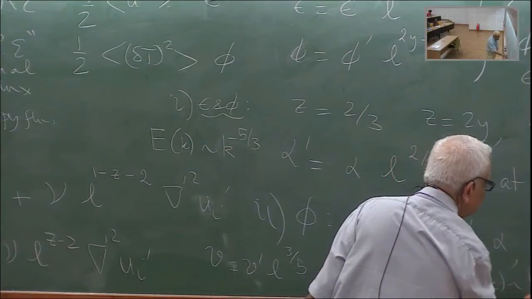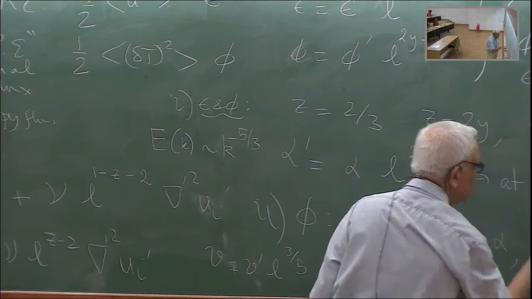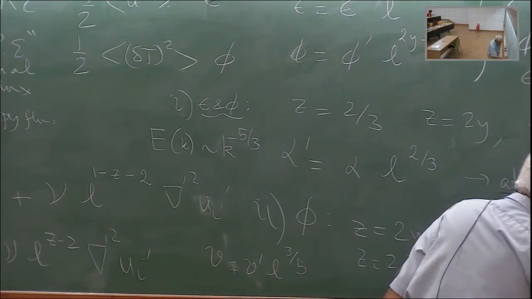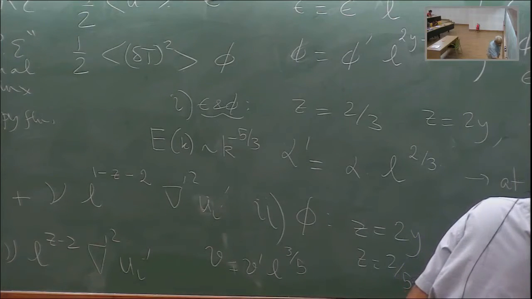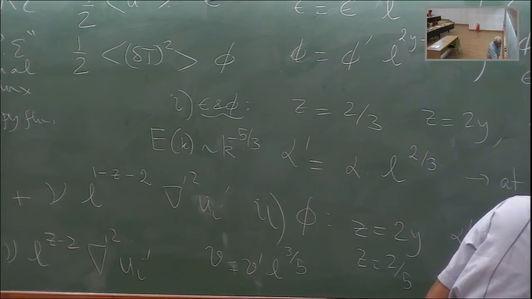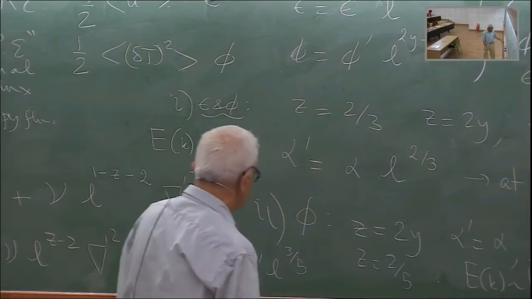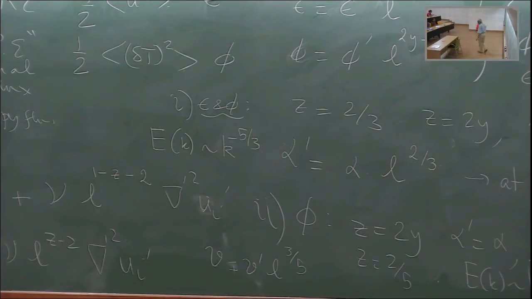It is k to the power minus 11 by 5. And this is Bolgiano, and independently at the same time, Obukhov. So here is a different kind of scaling which this problem can throw up.